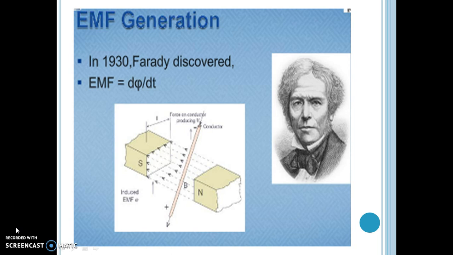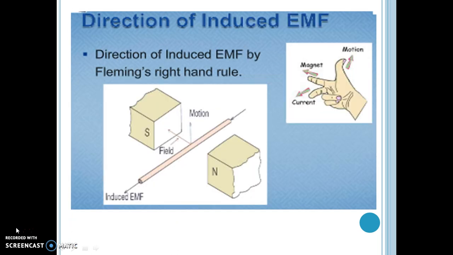So what is basically an EMF? EMF as an equation is given as d phi by dt. And the direction of induced EMF is given by Fleming's right hand rule.